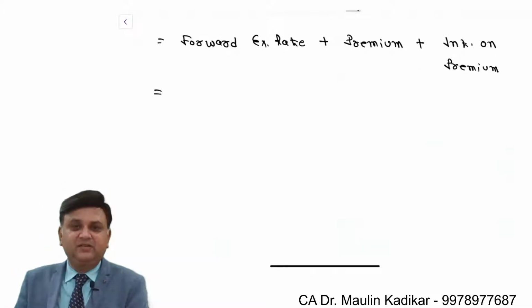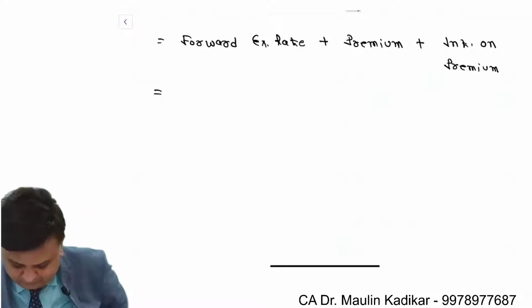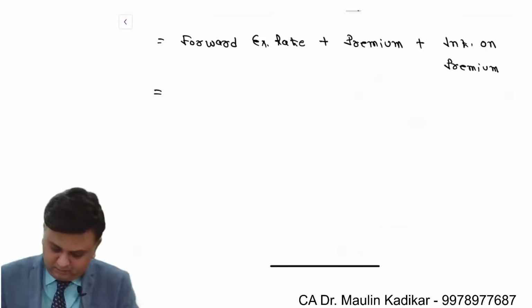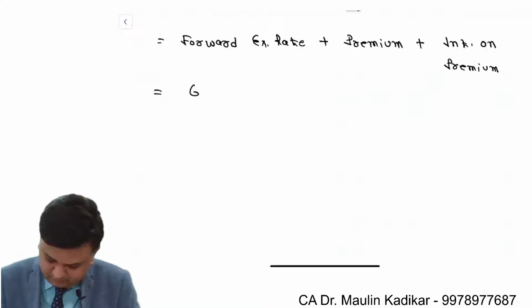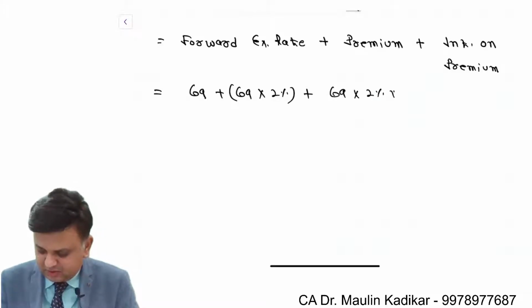Forward exchange rate at which you can buy the dollar is 69. Premium is 69 into 2 percentage, plus 69 into 2 percentage into 9 divided by 12.